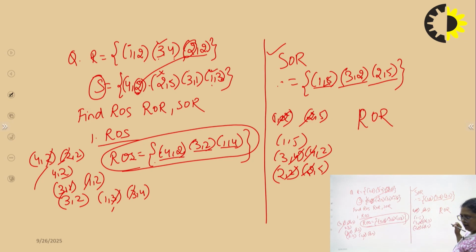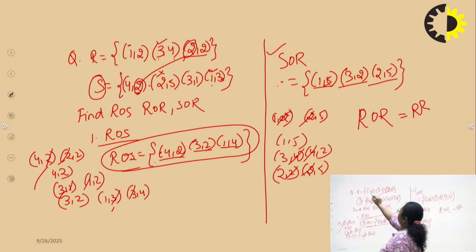Next is our RoR. RoR means R square. So how will R square be calculated? First will be R, second will be R. So RoR (1, 2).